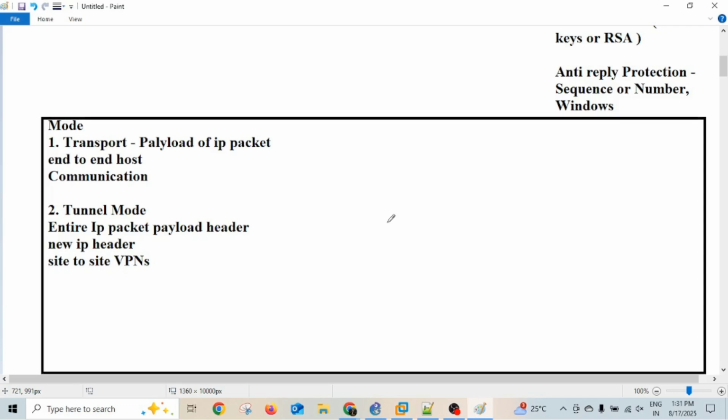If we talk about our US and India sites, both sides have internet connectivity from the ISP.